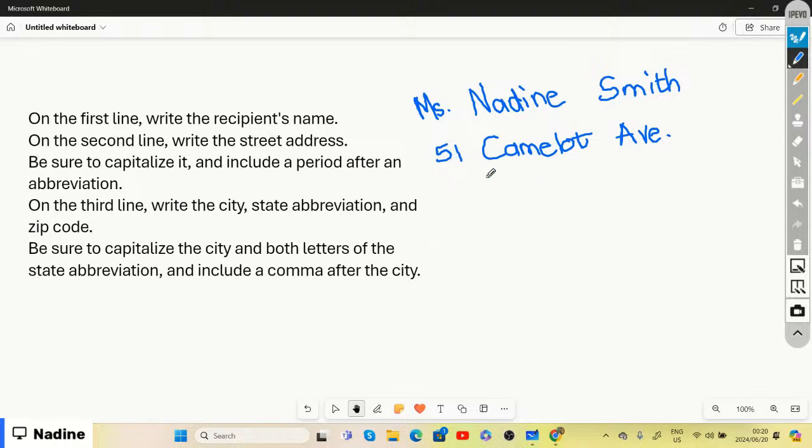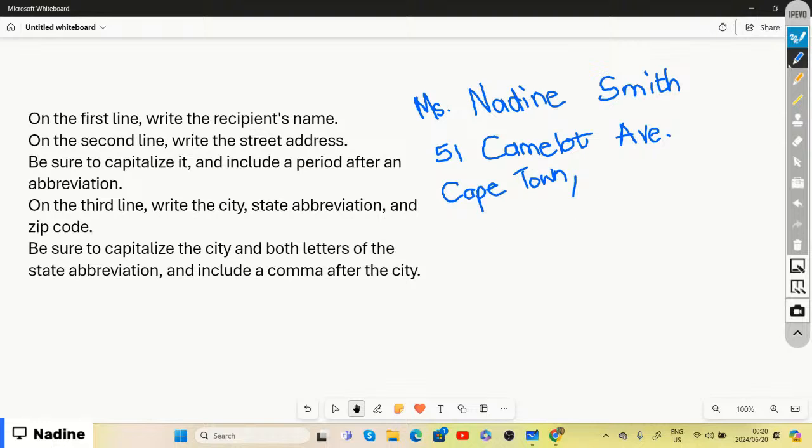Now on the third line, we have the city, right? The city that I live in is called Cape Town. You need to also add your comma. The state, we don't say state, we say province.